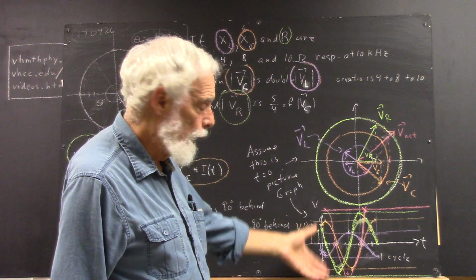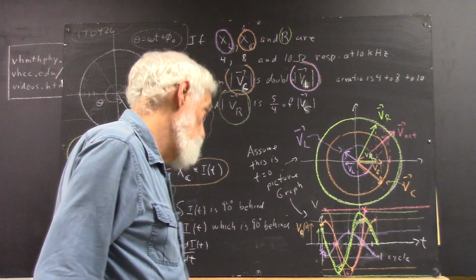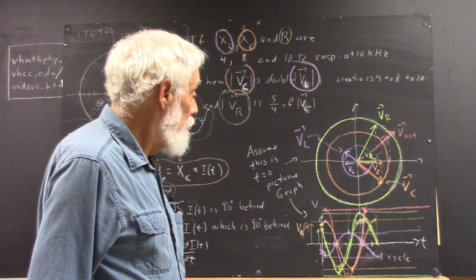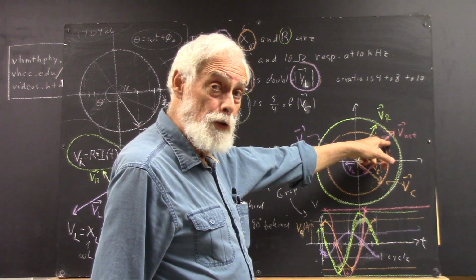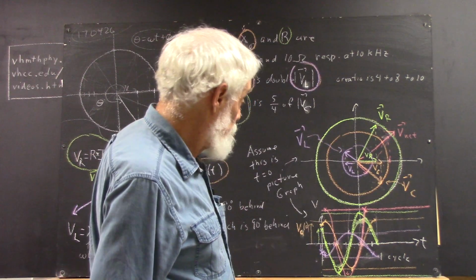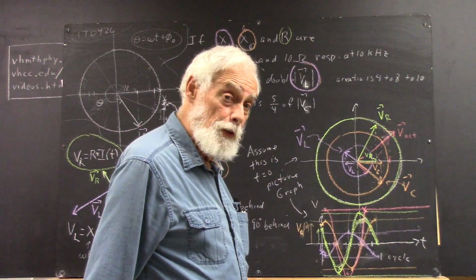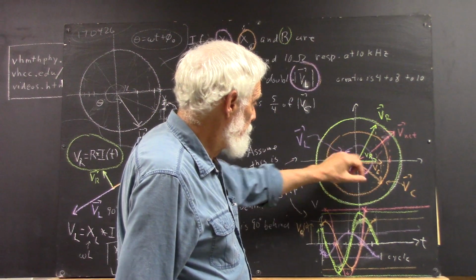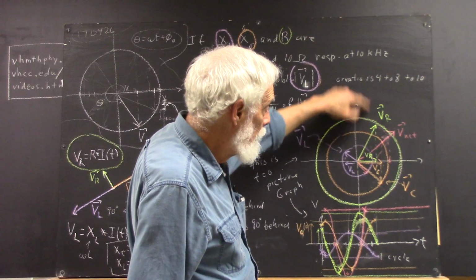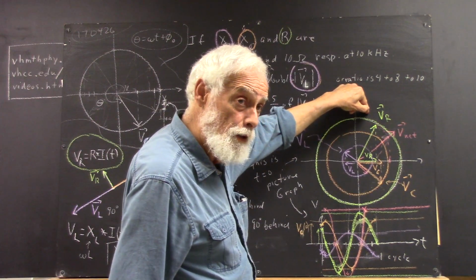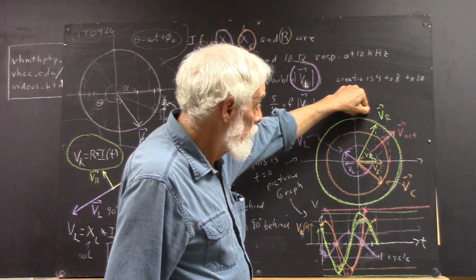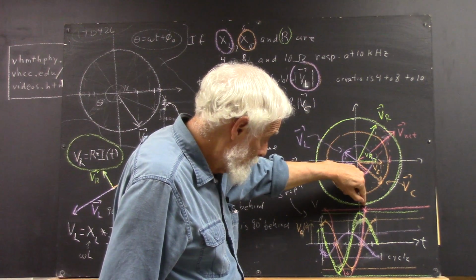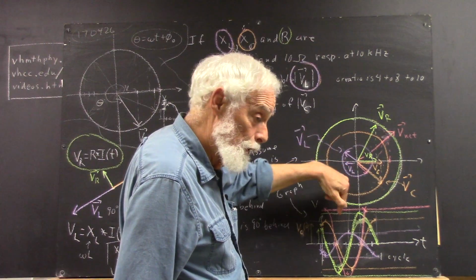Well, that's going to change the amplitudes on this graph. It's going to change the sizes of these circles. And it's also going to change the direction of V net. For example, if VL gets bigger than V sub C, then if I add the VL and the V sub C, it's going to be in this direction, and now my V net is going to be ahead of VR, which is going to shift the graph of my V net somewhat to the left.